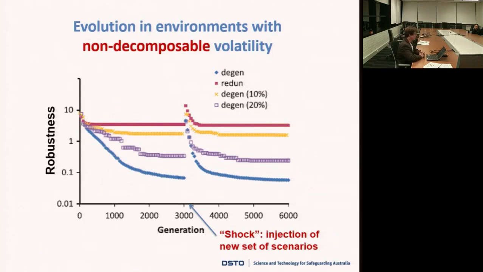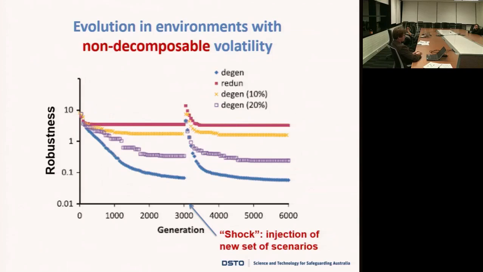Now what you see also on this graph is, the arrow should point at 3000, because that's pretty much where we injected the shock. So manually, the changes in the environment were, up to generation 3000, a random walk, and only 1, 2, 3 steps of random walk over your seed scenario.